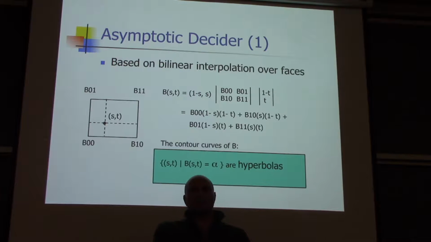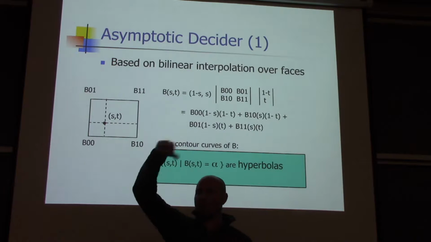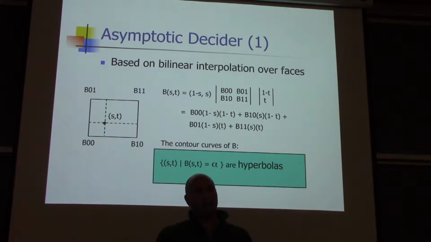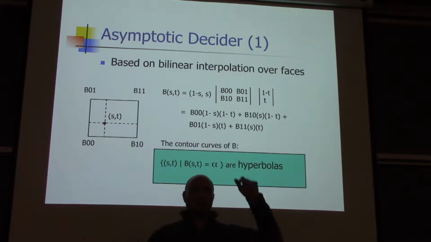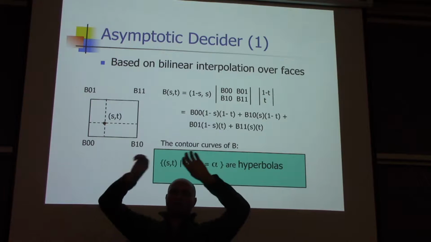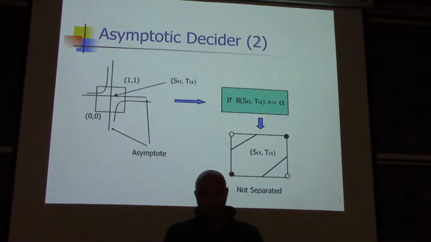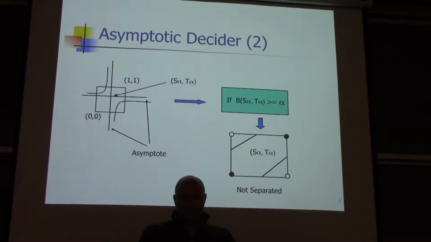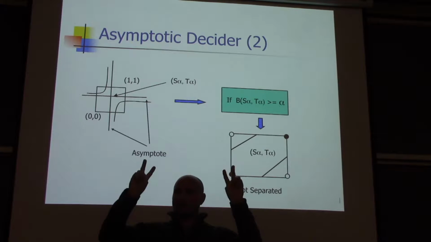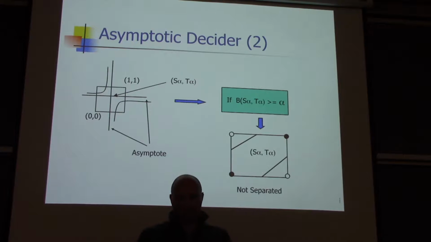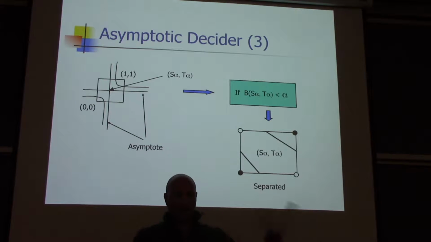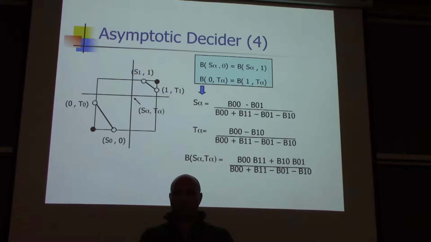If you know something about where those hyperbolas fall along the faces, then you can decide if you have two hyperbolas that are spreading out this way, or hyperbolas that are spreading out in the other direction. So the idea is that you take your vertex and find the center of the hyperbola. This is the S alpha, T alpha, and you're going to determine if it's separated and in which direction.